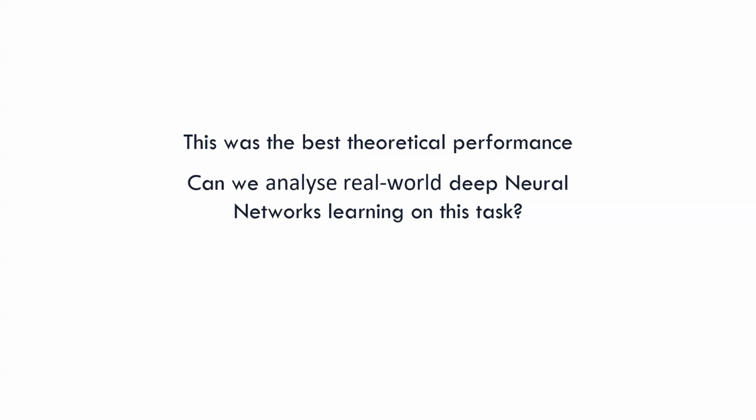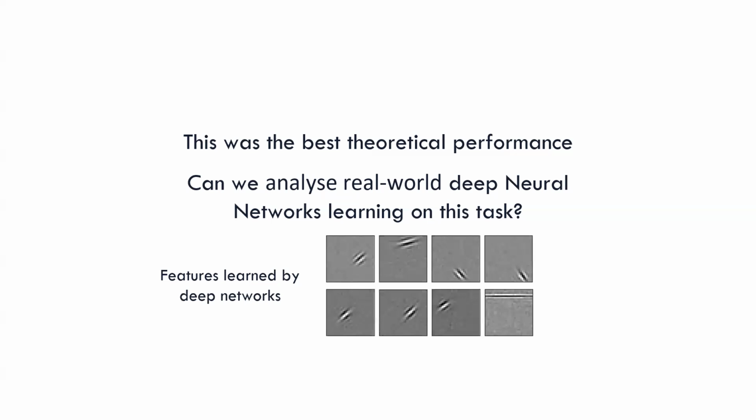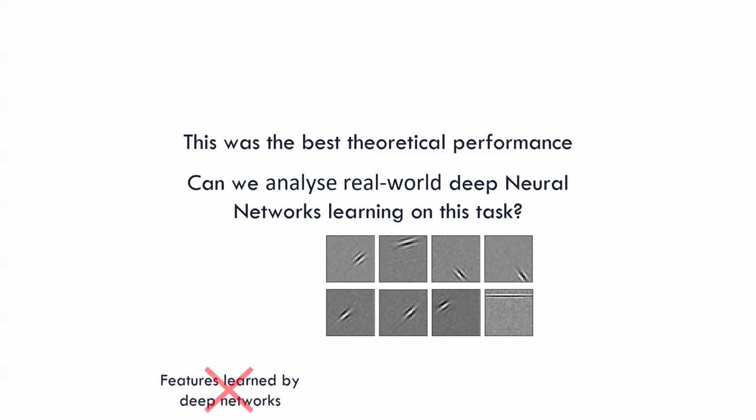So we need to find a model that somehow captures how neural networks learn, but is not too complex to analyze. So let's go back to the features that neural networks were finding. As you see, these are Gabor filters because they are localized and there are stripes. Except that these are not filters found by networks. These are filters that another algorithm finds.